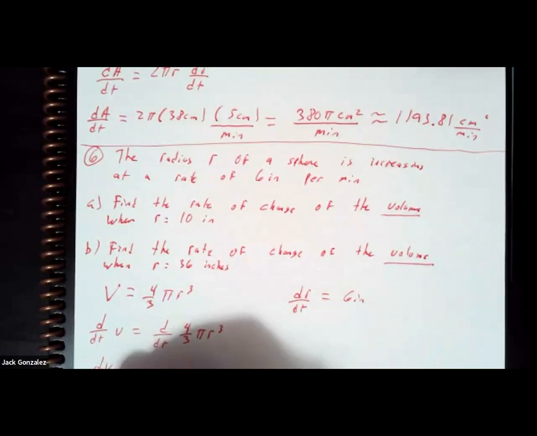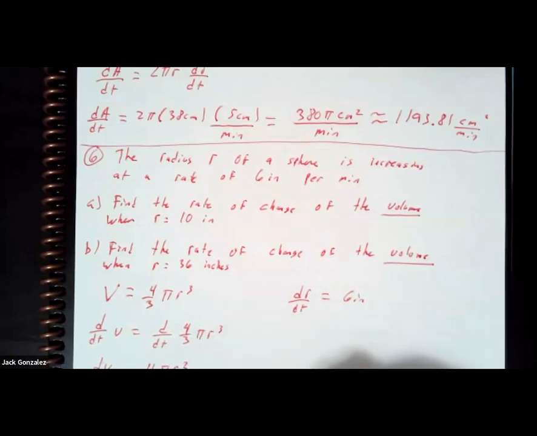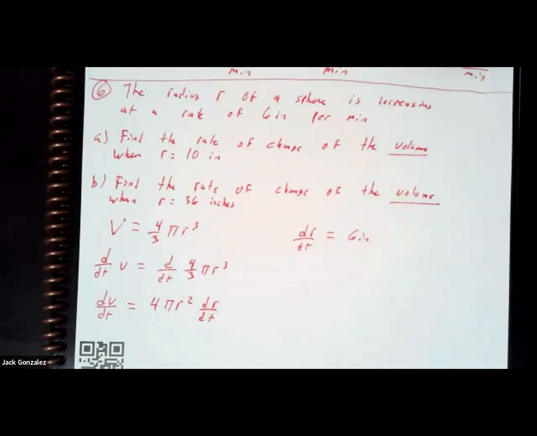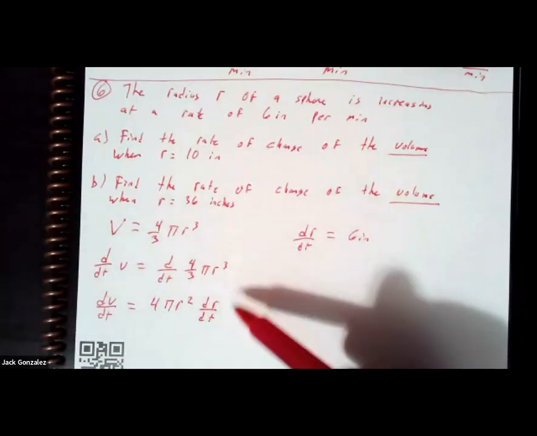That'd be dV/dt equals 4 pi r squared dr/dt. I skipped a minor step. You guys cool with this implicit derivative?